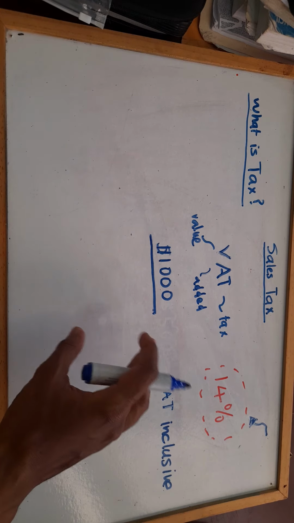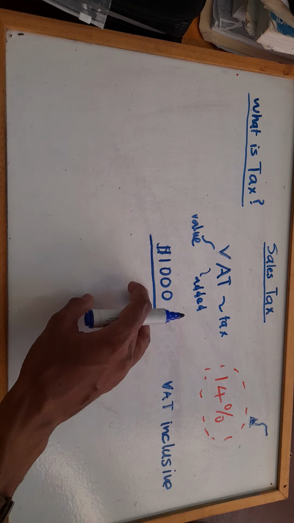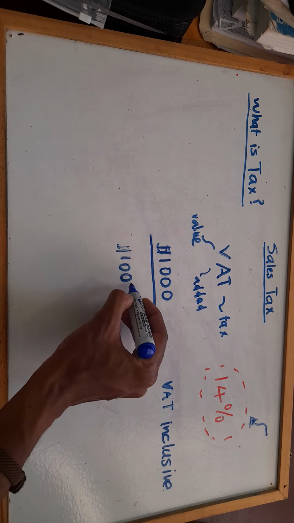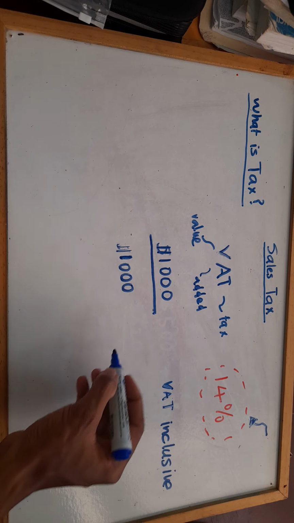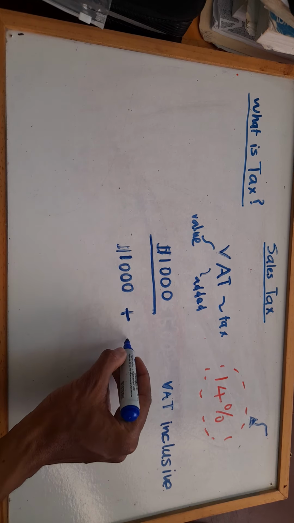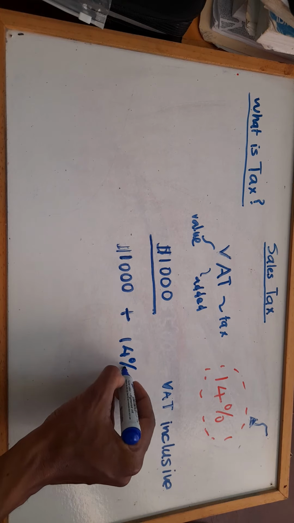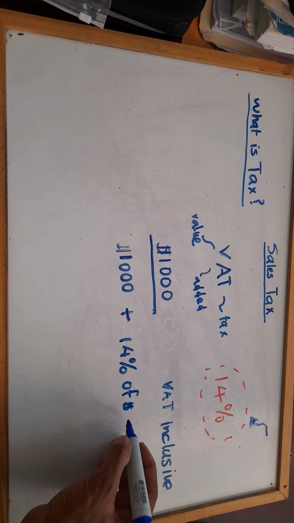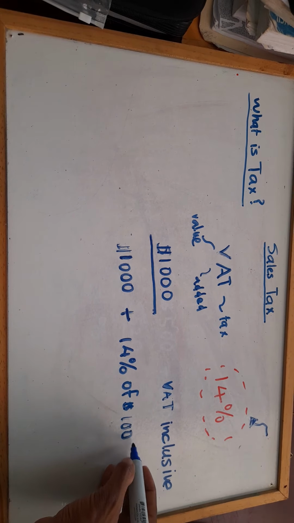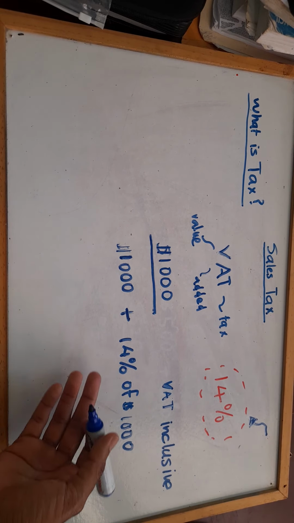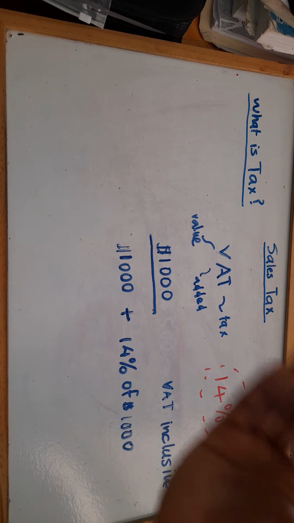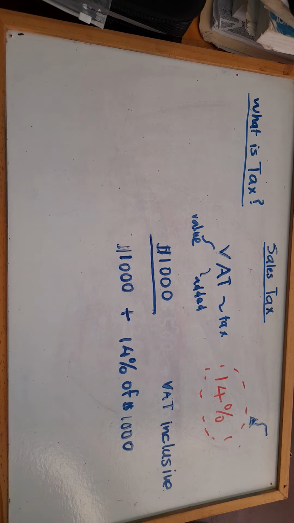They now have to add on 14% VAT to this item. So it's the $1,000 plus 14% of the $1,000. Whatever the cash price is for the item, they have to add 14% of it, 14% of whatever they paid, the $1,000, and add it to the $1,000.